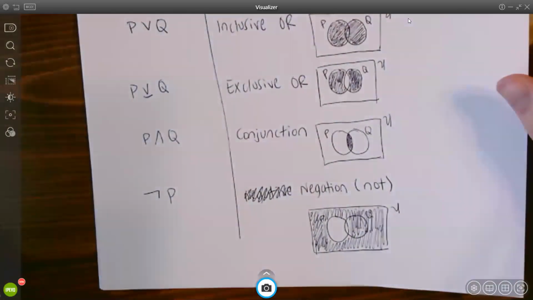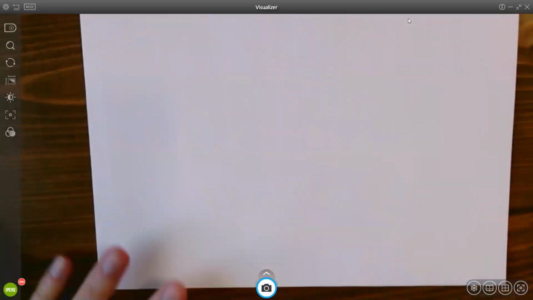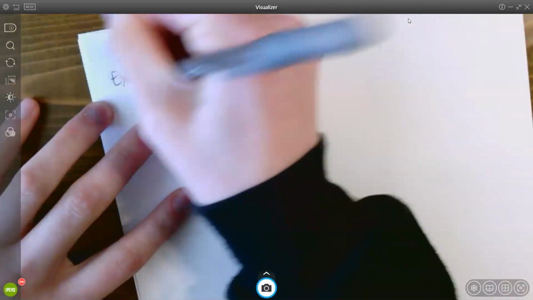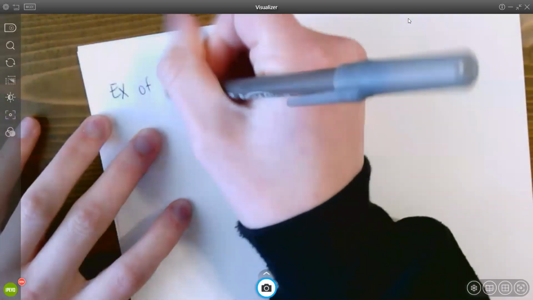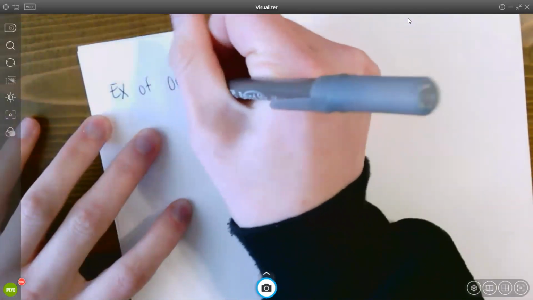Like I said, though, I want to go over some examples of really the difference between the exclusive and the inclusive or. So, an example of the ors.